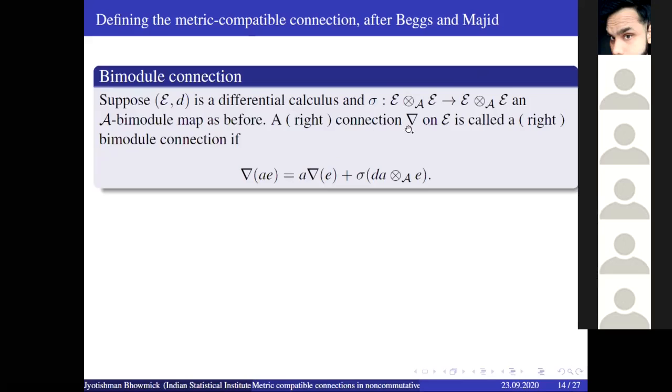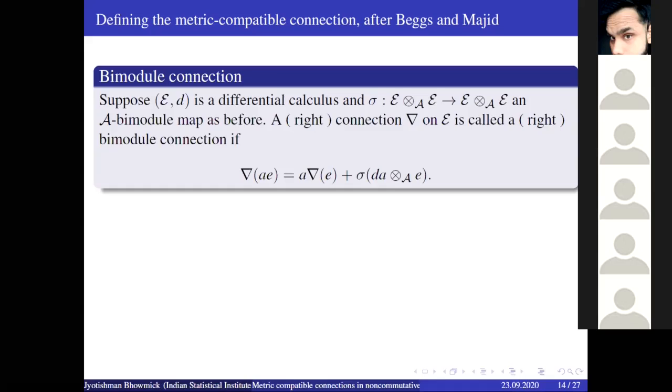So a right connection is called a right bimodule connection if it has this property. So for a right connection, I know a formula for nabla of EA. But if I have a bimodule connection, in addition to EA, I can also say something about AE. So it's given by this. Of course, any bimodule connection is a connection, but not all connections are bimodule connections.